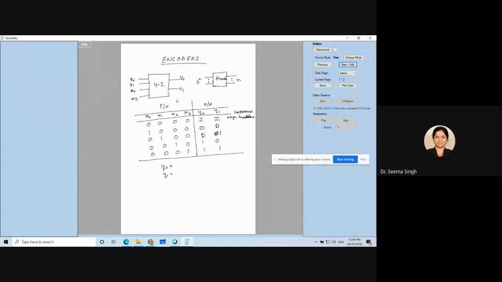In this input, I have four variables. But what you can see is I have listed here only 5 cases. The rest are all don't care for the Y0 and Y1 outputs. So even if you try to make a K-map for Y0 by making all the rest of the inputs don't care, you will get the same equation which we will get without making a K-map.